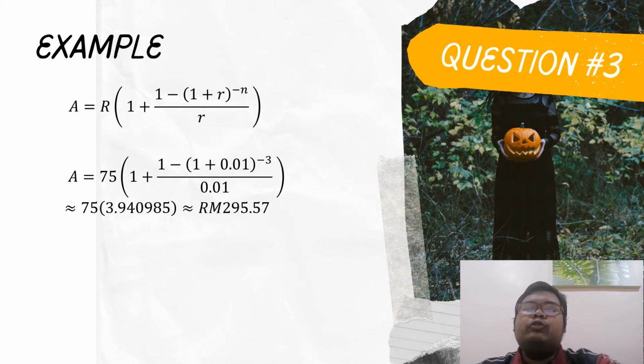So according to the information, we include into the formula A equals 75 open bracket 1 plus 1 minus (1 plus 0.01) to the power of negative 3 over 0.01 close bracket. So we will get the answer 295 ringgit and 57 cents.